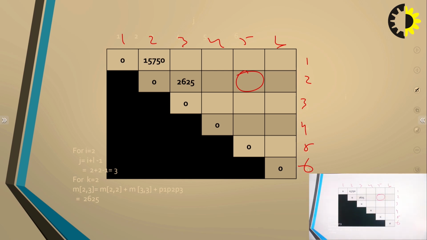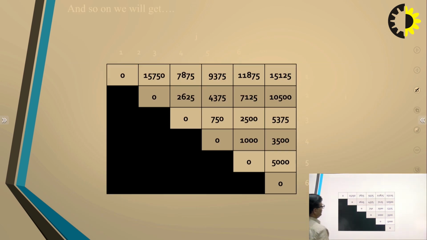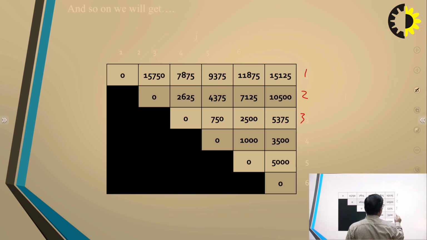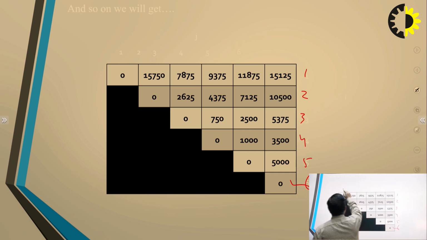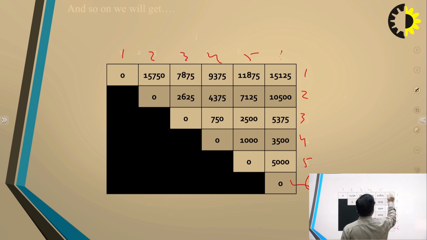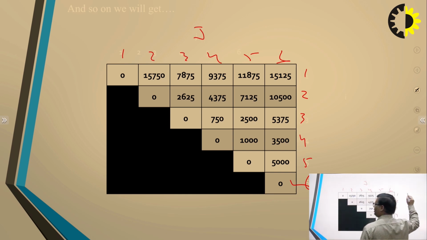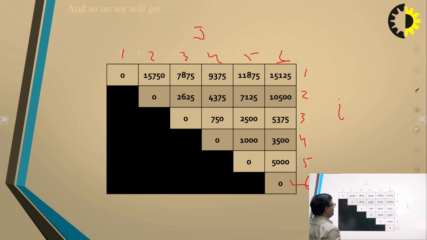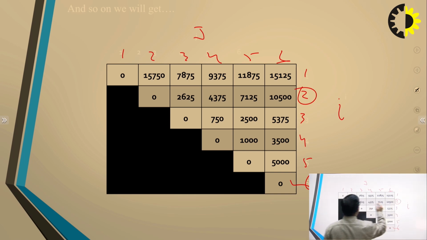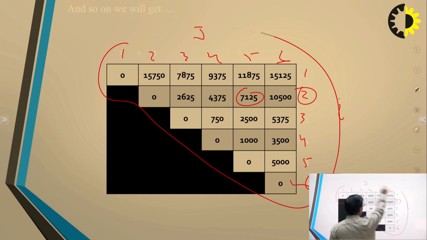Then again we will consider the example this way, with this being j and this being i. Then we will get the values M[2,5], M[2,4], then M[2,6]. This way we will get the solution.